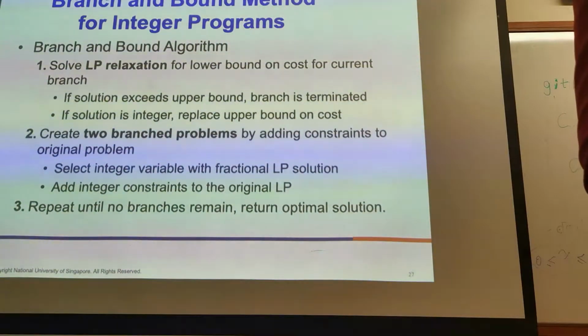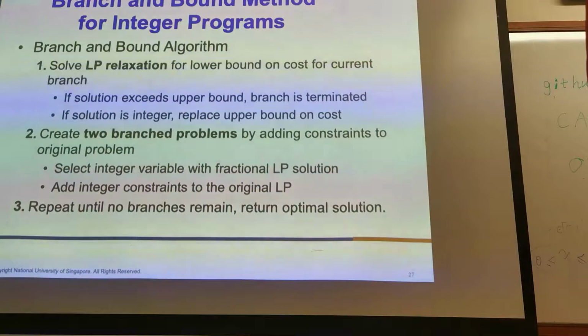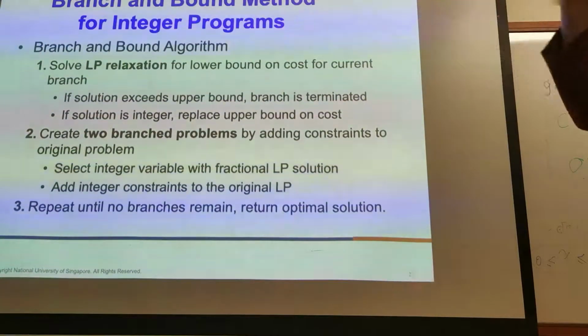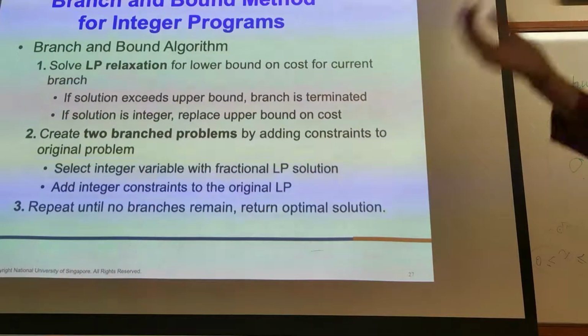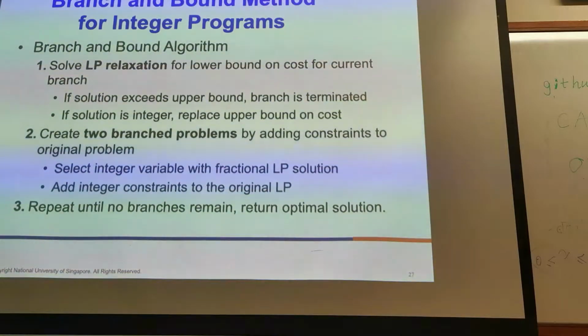If you find a solution of integer, then you define this as a new upper bound of the cost function. Because you find a feasible solution to replace it, then you continue to calculate the other branches until you find a new feasible solution that has a better optimal value and replace the current integer solution.